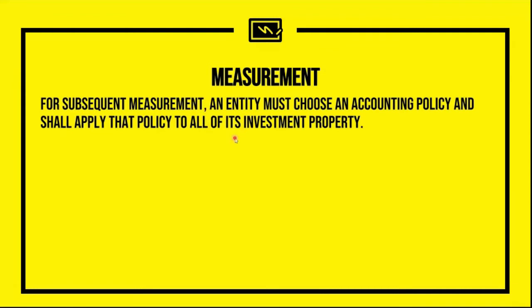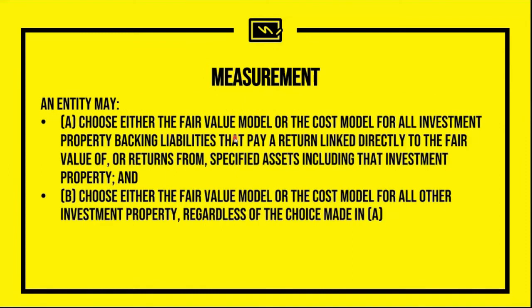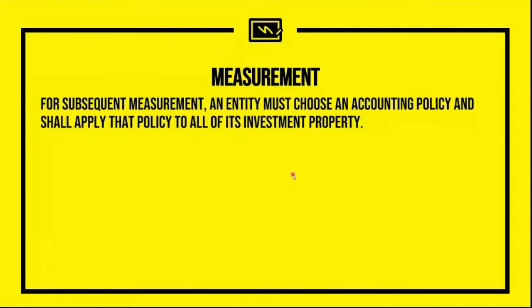Okay? And the standard provided us with two options. Okay? But before we go to the next slide, just to emphasize, it says here, the policy that was chosen should be applied to all of its investment property. So meaning, later on, you will see that there are basically two items. We have the fair value model and the cost model. Okay? Or the fair value method and the cost method.